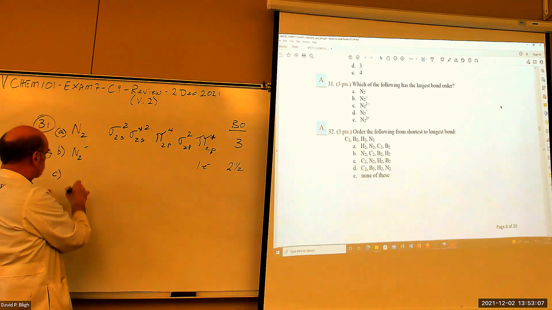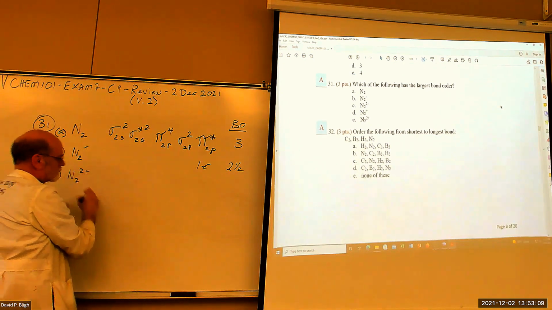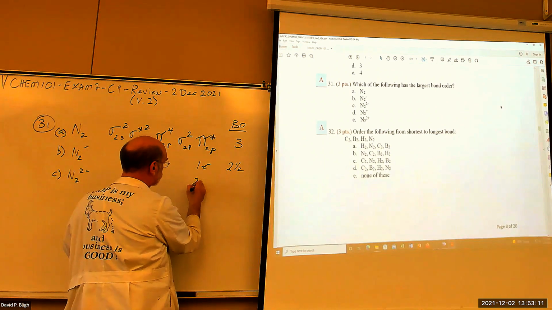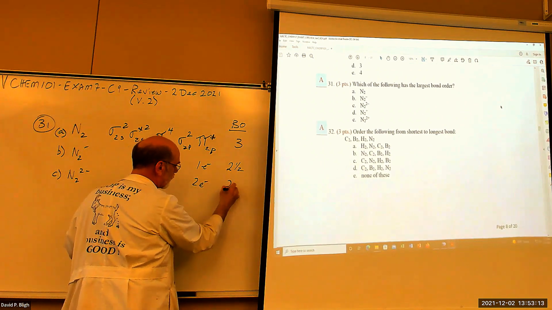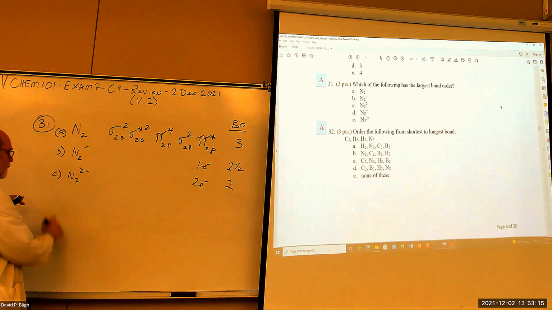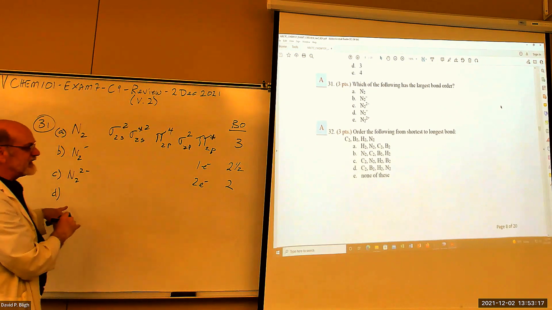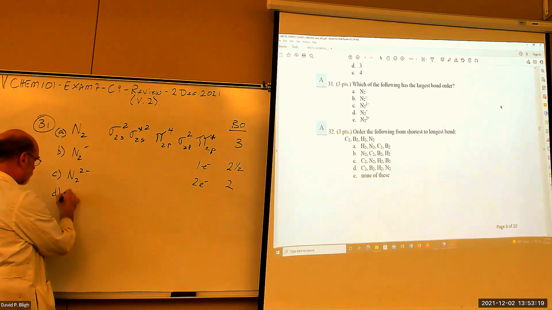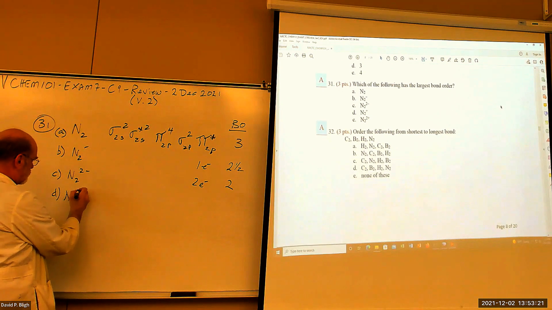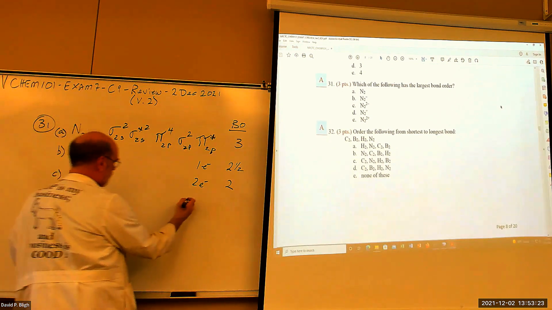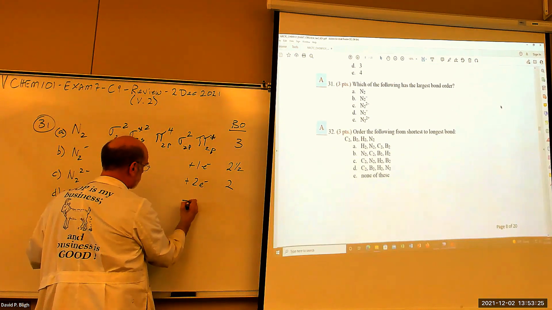C. Now we're going to add 2 electrons. If we add 2 electrons, we go down another half to 2. D. We're going to subtract an electron, so it's a plus charge.